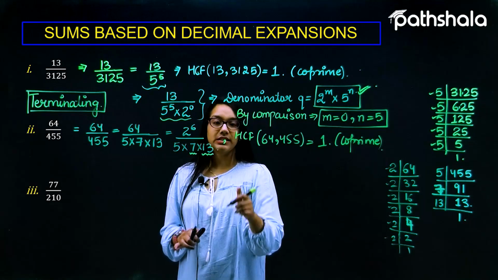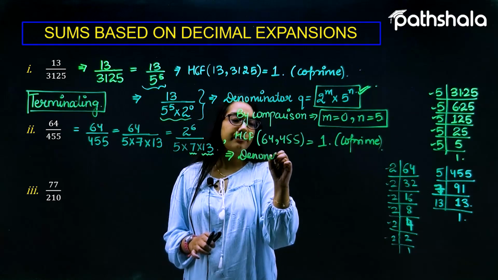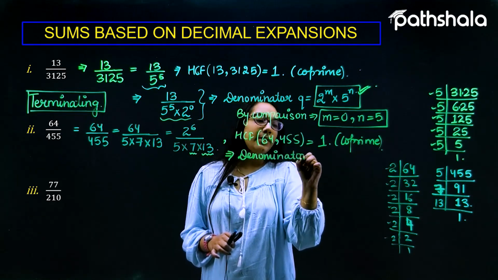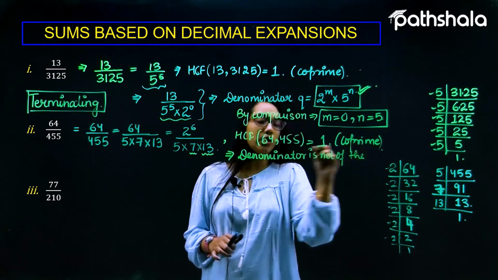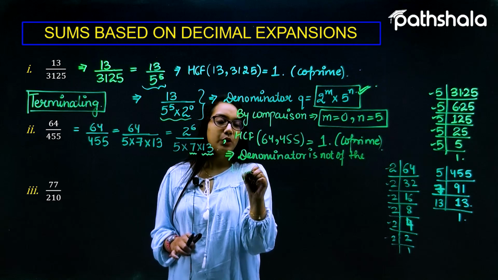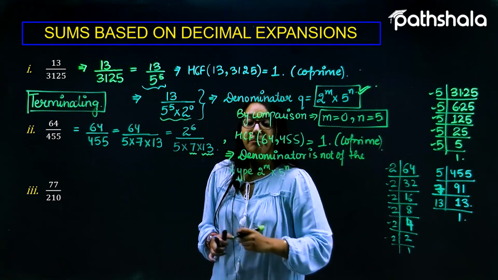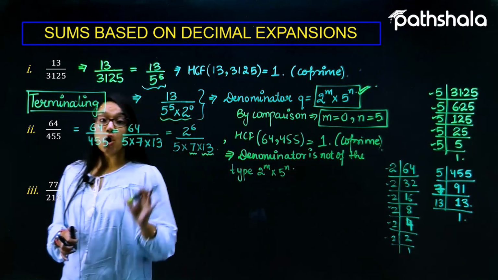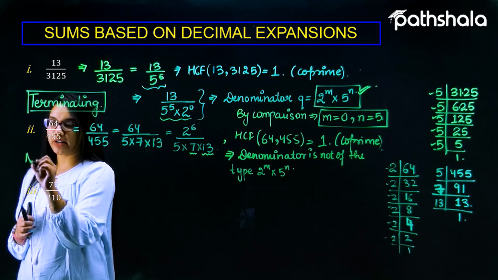So it implies that the denominator is not of the type 2 raised to the power m into 5 raised to the power n. It means that it is non-terminating. So I am writing it over here.